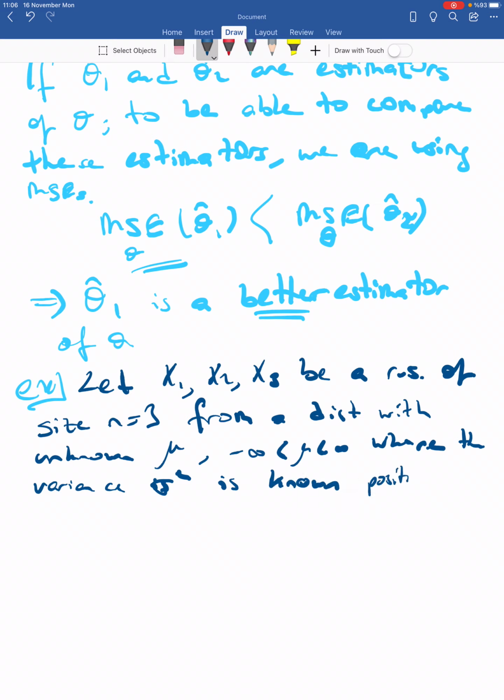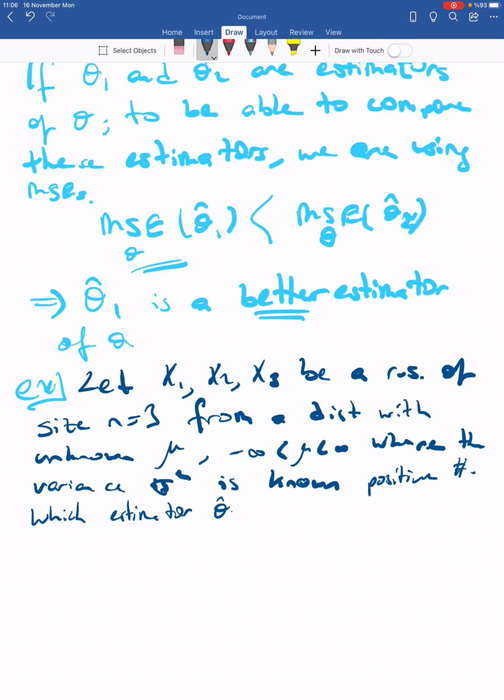Okay, which estimator? Let's say theta 1 hat is x bar, and theta 2 hat is given as 2x1 plus x2 plus 5x3 over 8.